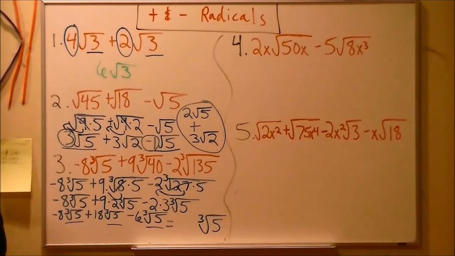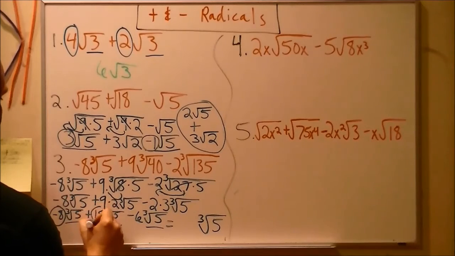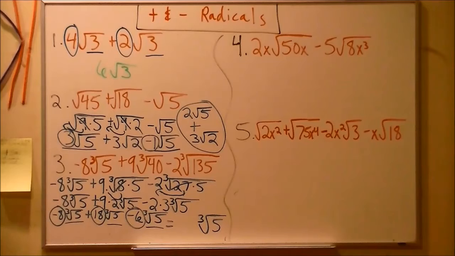It's just your numbers that change. In a fraction, it's just your numerators that change. Well, same thing here. It's just your numbers in front of that base of cube root of 5 that are going to change. Okay, what's negative 8 plus 18? I prefer to say it this way, it's easier. What's 18 minus 8? 18 minus 8 is 10.